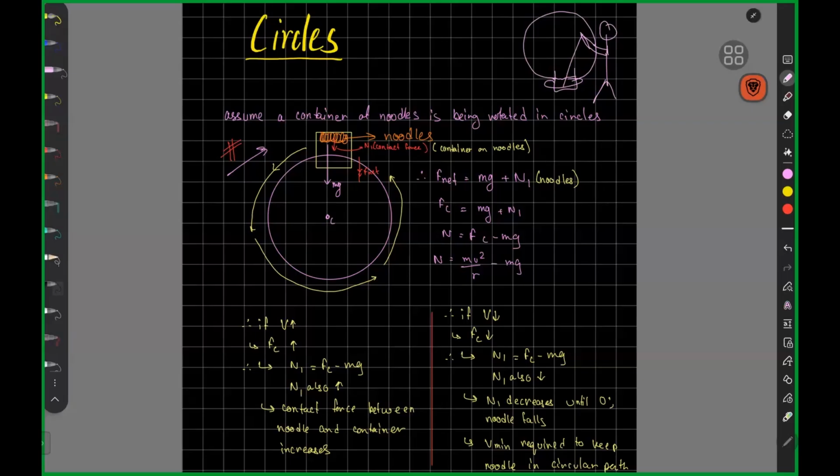So, anyways, coming back to over here, I'm going to model a similar experiment as this water example, where I have a container filled with noodles, and that is being rotated around in a vertical circle. Great. So again, over here, let's analyze the bit of noodles, because that is what I'm worried about.